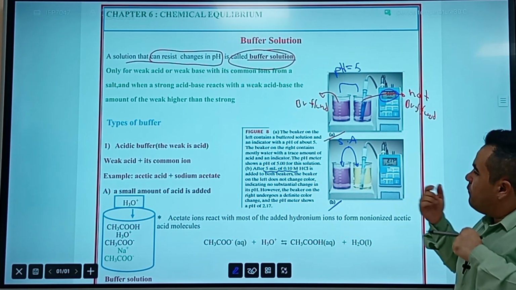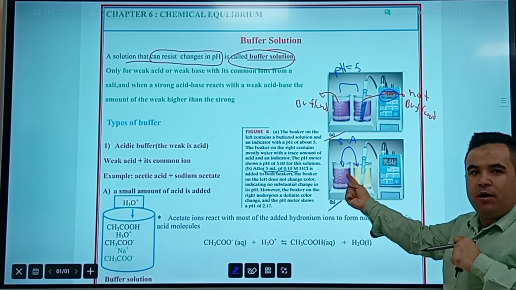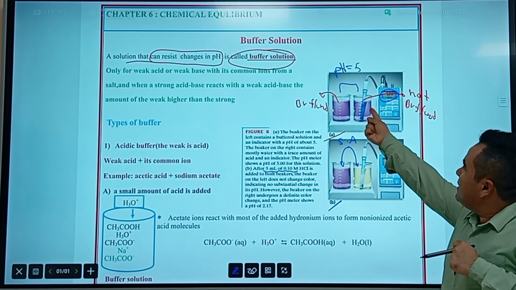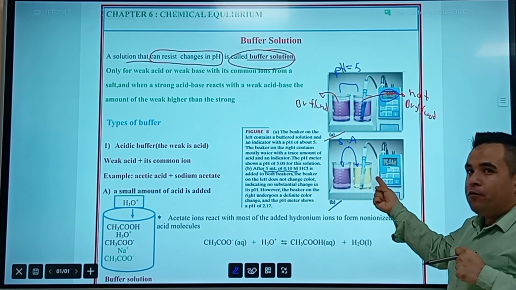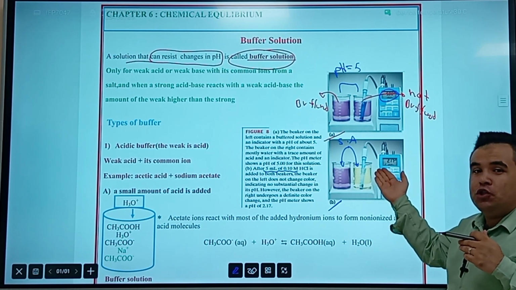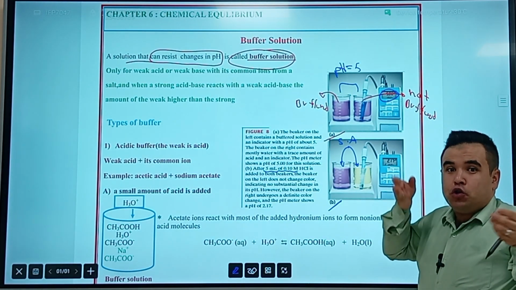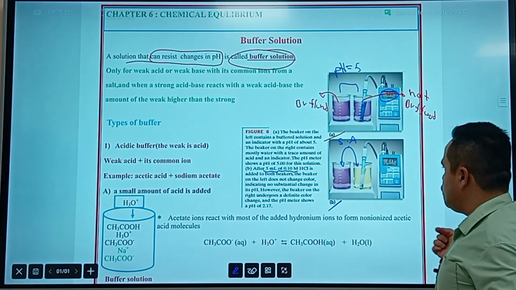What we have observed, as you can see, is there is no change in color of the buffered solution, but the non-buffered solution changes. Of course, we have added an indicator to both solutions in order to observe the color changes.